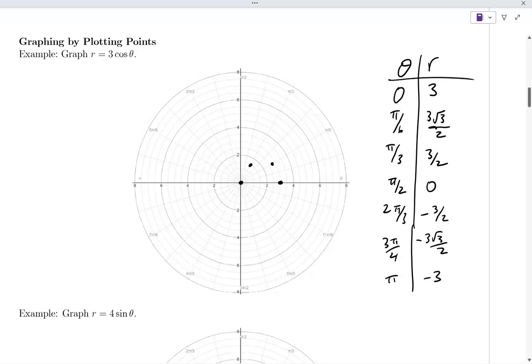In 4, we're going to be down here, right? The negatives do a reflection through the pole. Okay. So this line right here is your 2 pi over 3 line. We're going to go backwards through the pole to 3/2. That's where the negative 3/2 comes from.